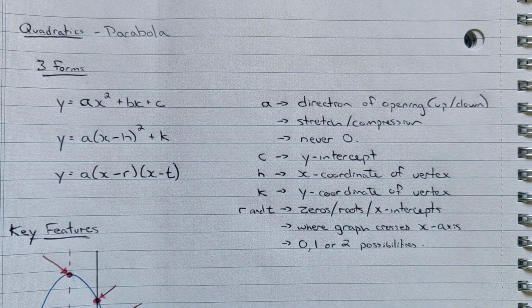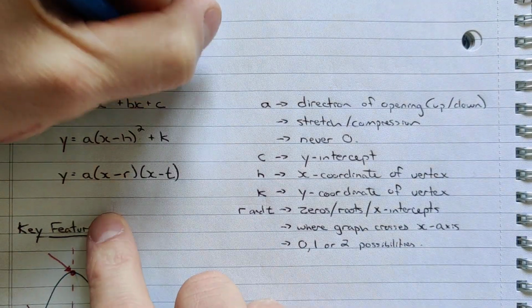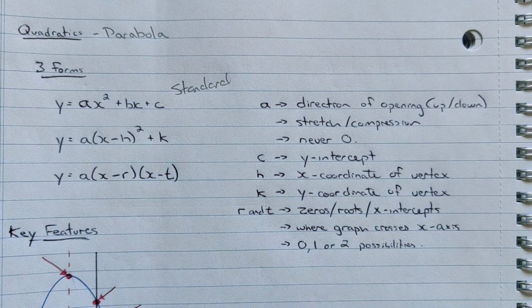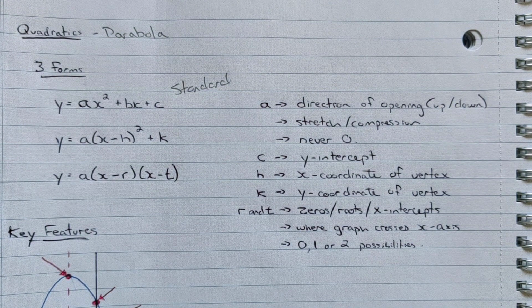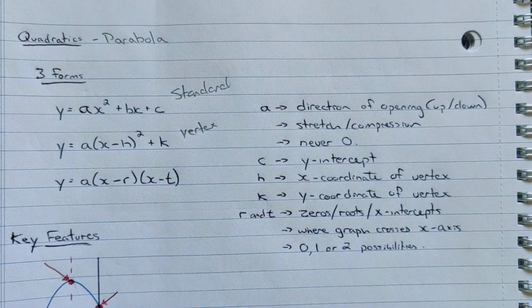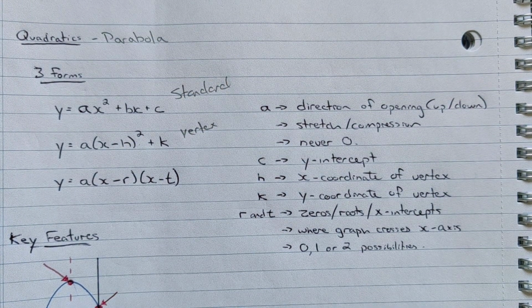Quadratics, there's three forms of quadratics. There's a standard form: y equals ax squared plus bx plus c. a, b, and c are just numbers. And then we have the vertex form. The vertex form is y equals a, and then in brackets, x minus h, squared, plus k.